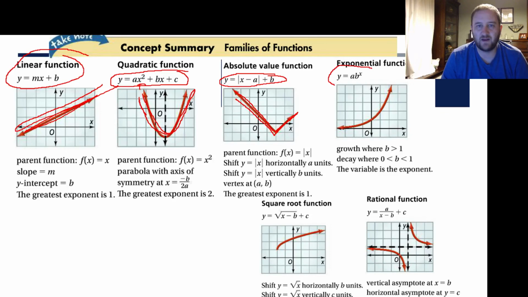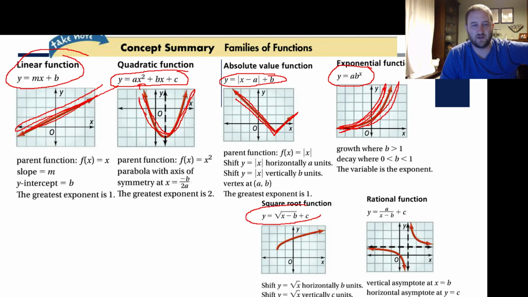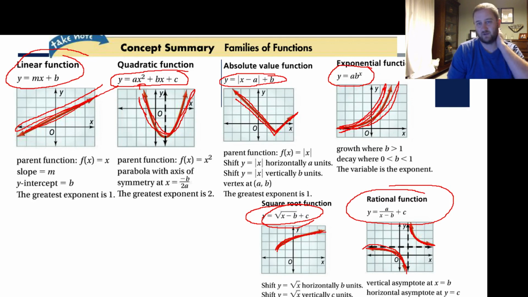We've talked about exponential functions where you have x as an exponent. It's going to be something like this, like an upward slope. We've talked about square root functions where you have a square root. It's going to be something kind of like this shape. And then finally, we've talked about rational functions. That's where you get opposing curved lines like this with two asymptotes.